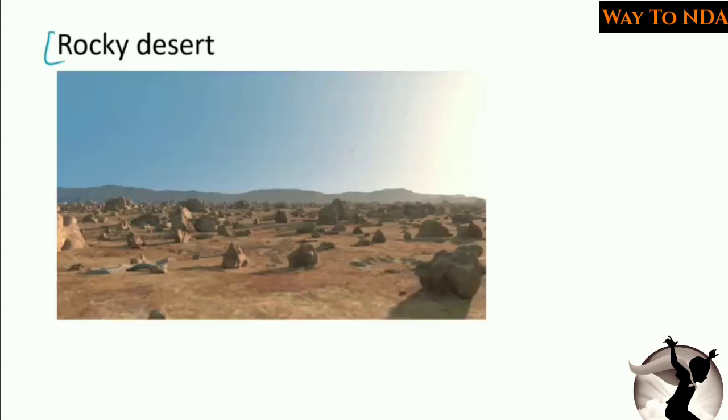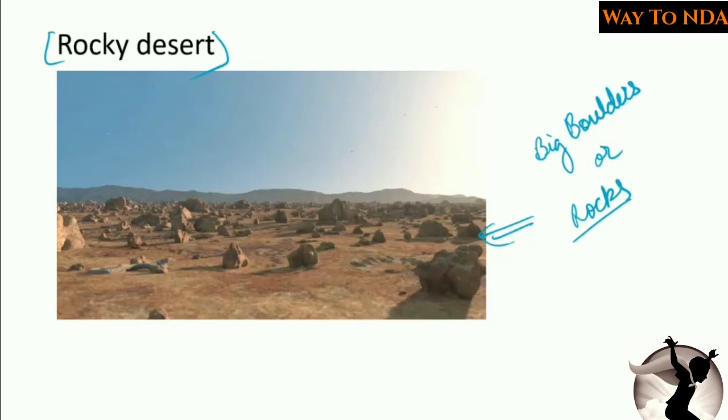The rocky deserts are the deserts where you will find mainly big rocks. The physical feature is characterized by big boulders or rocks. That is the simple reason why they are called rocky deserts.